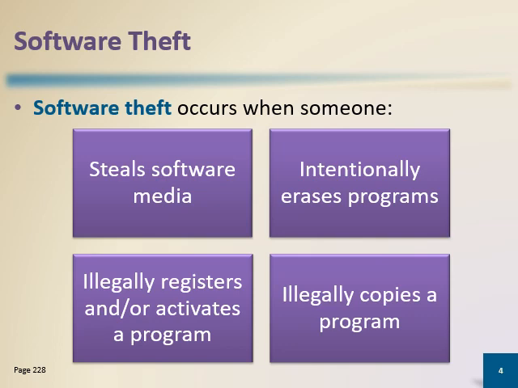Then we have illegal registration or activation of the softwares. So a perpetrator illegally obtains registration numbers and activation codes. For example, wrong keys of the softwares. There's a program that is known as a keygen or a key generator. It creates software registration numbers and activation codes which are wrong.